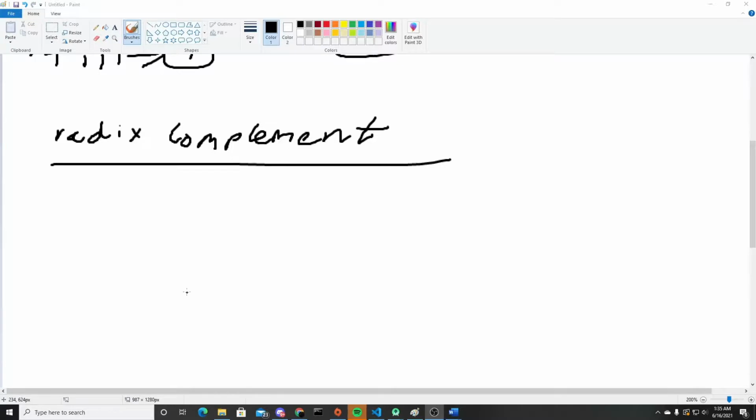Now radix basically just means the number of unique numbers we have in a certain numerical base system. So, for example, in decimal, which is what we use day to day in our everyday life, that would be base 10, and the radix of that would be 10, because we can use the numbers 0 through 9 in each place, in our tens place, our hundreds place, our thousands place, our 10,000s place, whatever.